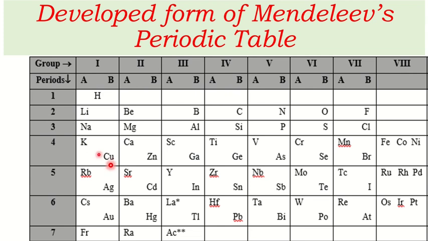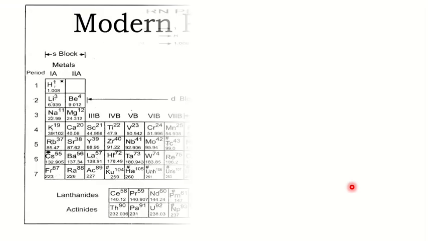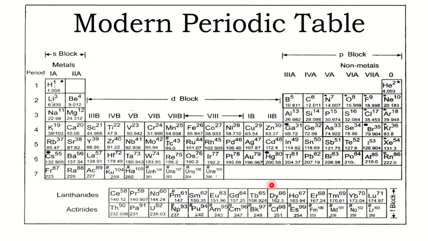Here also two, here also two, here also two. In some places there are three elements instead of one: iron, cobalt, nickel here. In this way we can say that the position of each element is not particular in this periodic table, but in the modern periodic table, each element has its own place.